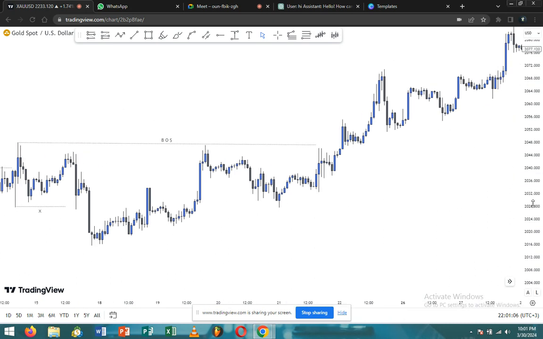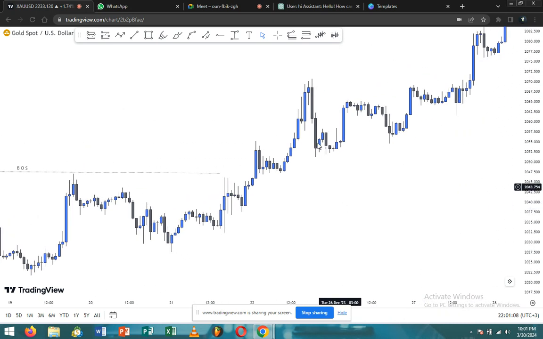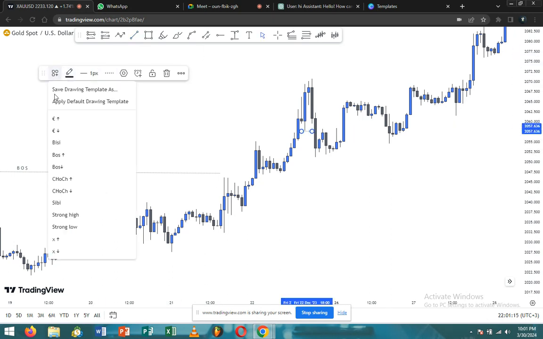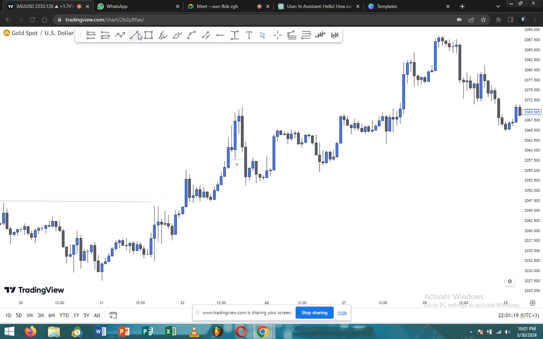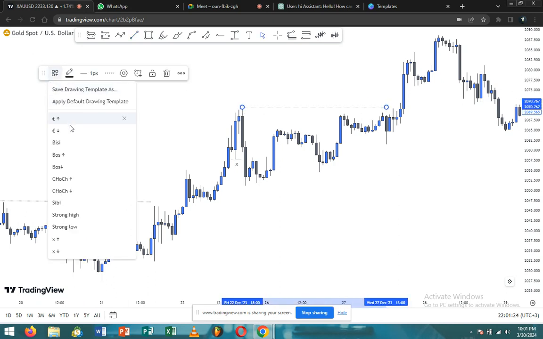All right. So we are looking for inducement, the last pullback that has been taken out. So this one will work for us as inducement. Of course, after it was taken out, there was a break of structure.